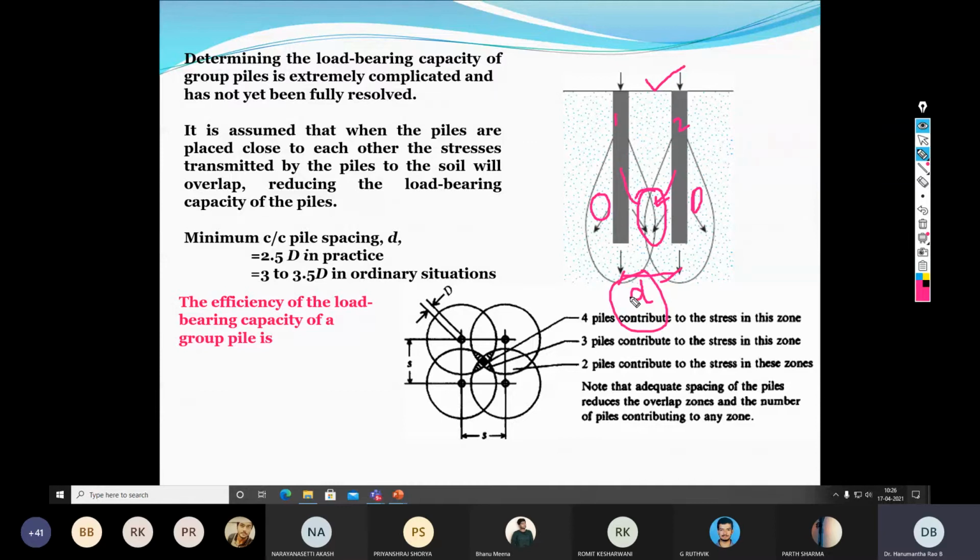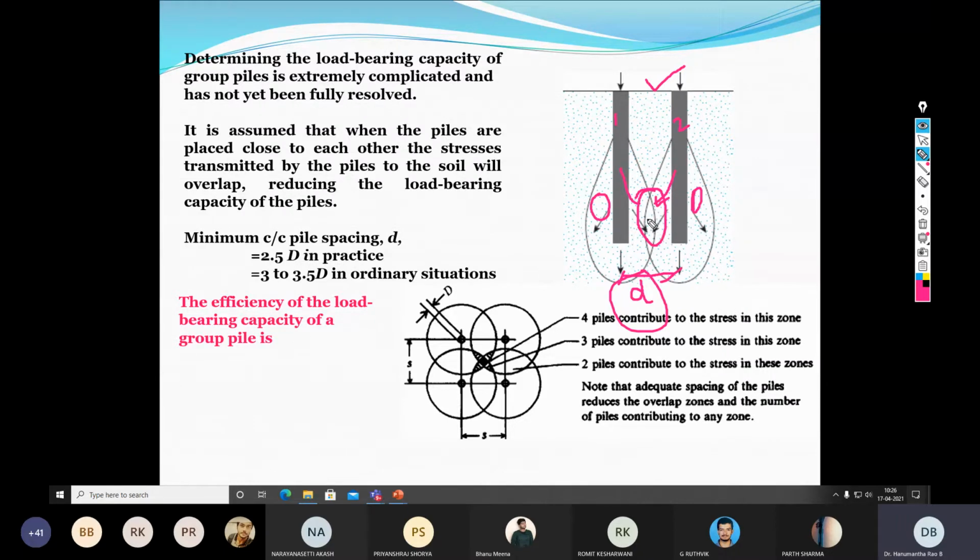D is the most critical parameter in the case of the pile group. If D is so small, then one can easily anticipate more volume of overlap. More overlap means more stress going onto that particular soil. More stress means more settlement, which is not advisable.